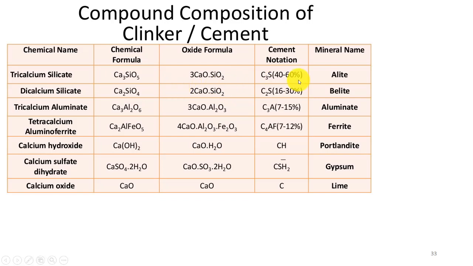These are the chemical compounds contained in the cement, which are formed in the clinker production. Basically, tricalcium silicate, which is alite, contributes to the early hydration. Secondly, it's belite. Its concentration is second, which is 16 to 30%.